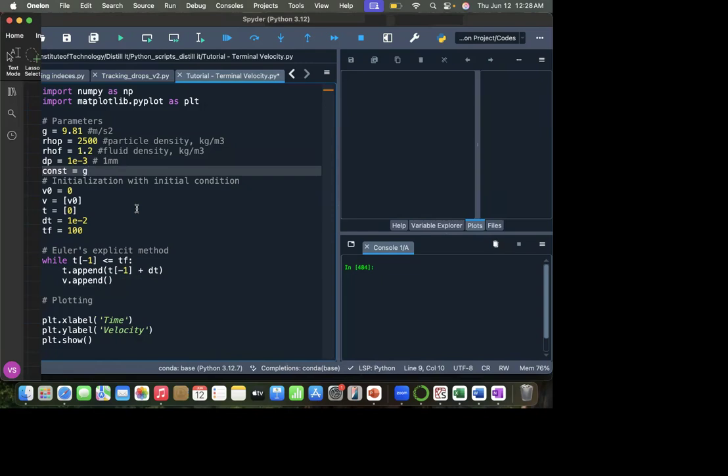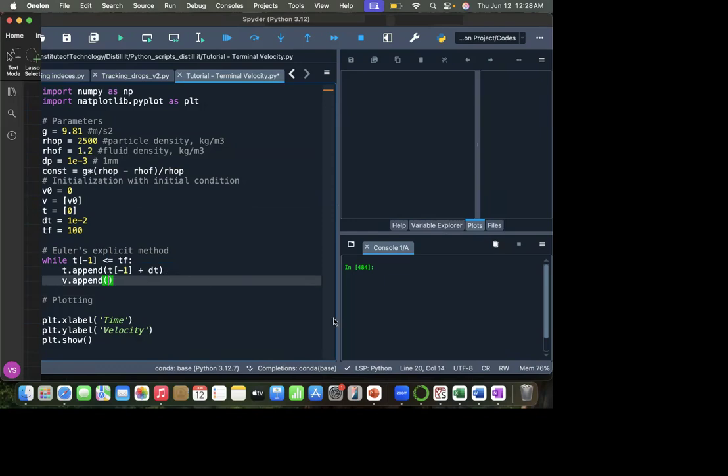So that's g times rho p minus rho f upon rho p, and that's the constant parameter, right?